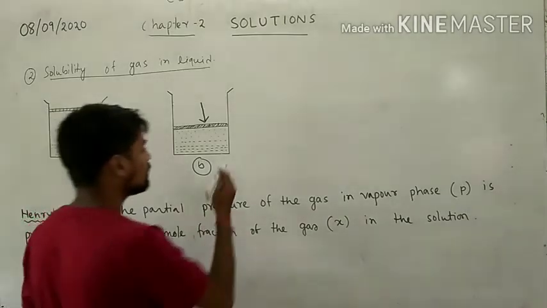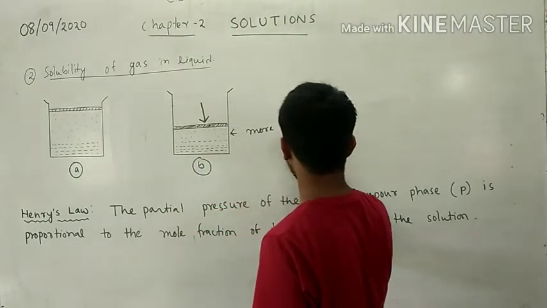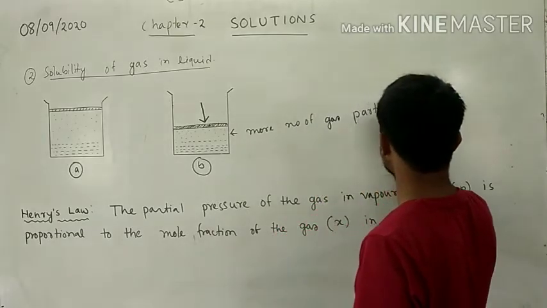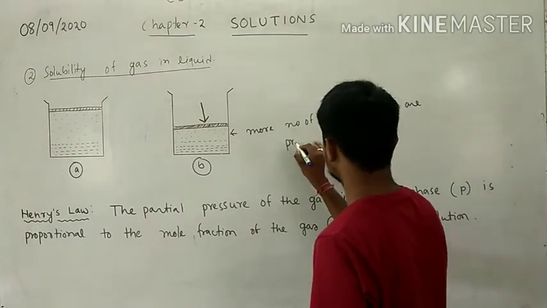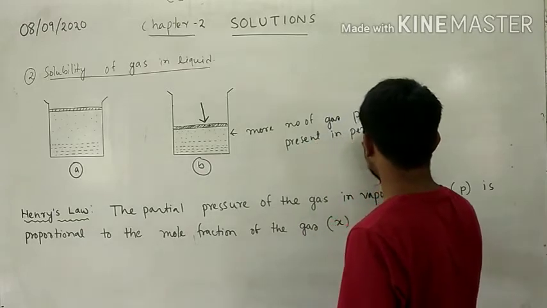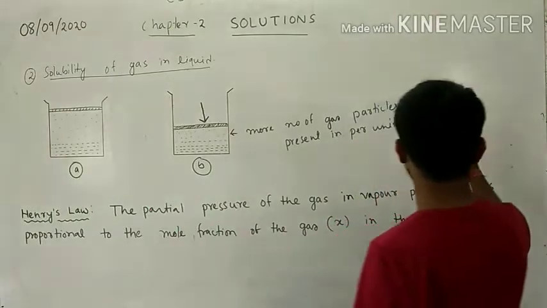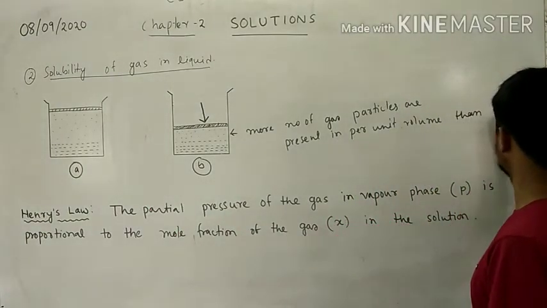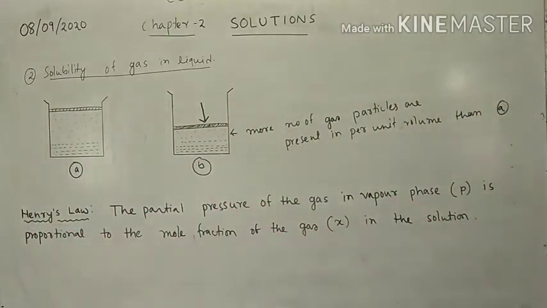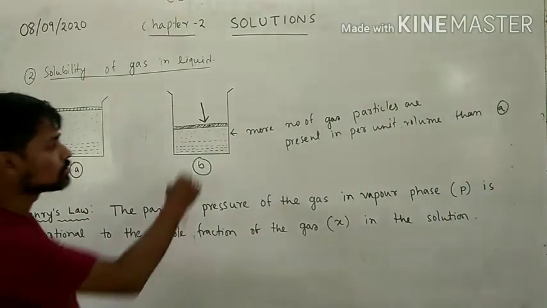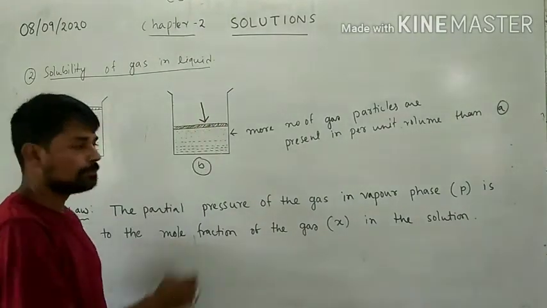So here we can write that more number of gas particles are present in per unit volume compared to container A. So when we apply pressure, the density of gas particles increases, so their solubility or their tendency to mix with water also increases.